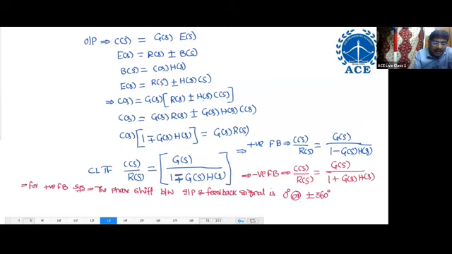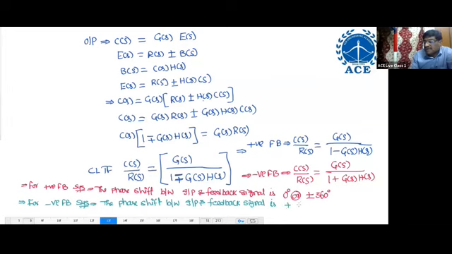For negative feedback systems, the phase shift between input and feedback signal is plus or minus 180 degrees, or out of phase. That's all.